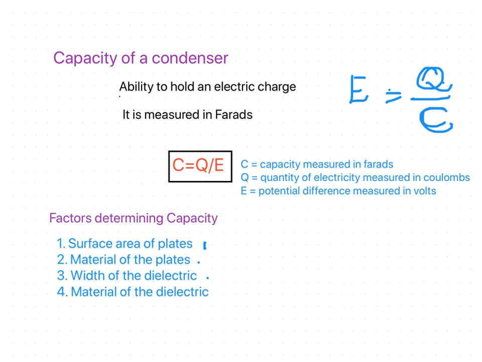That means if the conductor has a large surface area, then it has large capacity. Now the material of the plates is also very important: the plates which hold the electric charge more readily than others, such kind of plates of the condenser have larger capacity.